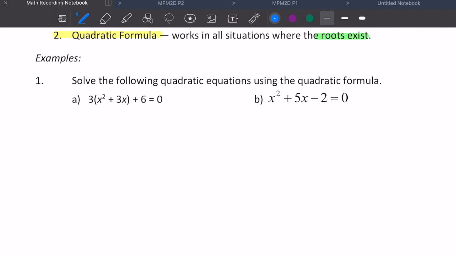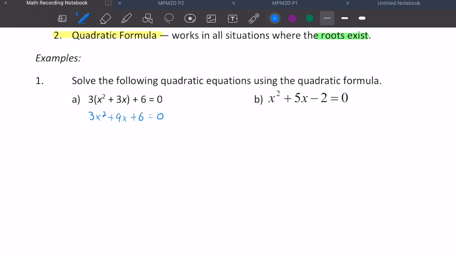Looking at the first one, we have 3(x² + 3x + 2) = 0. The first thing we need to do is make sure that it is in standard form. Right now it is not, so we need to distribute that 3 in. Then we get 3x² + 9x + 6 = 0. Okay, that's standard form.